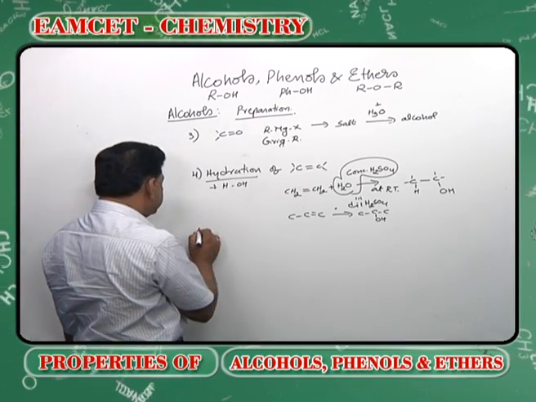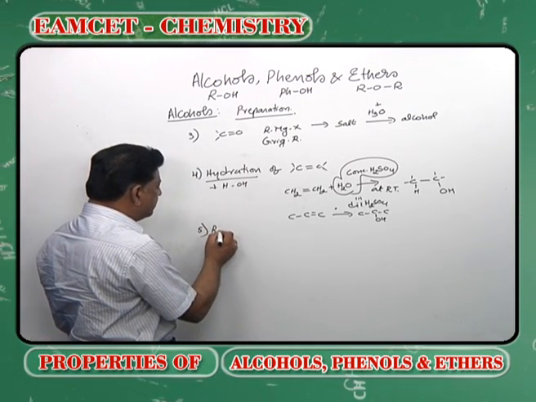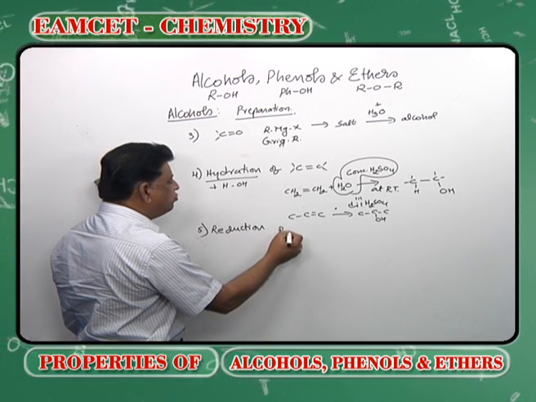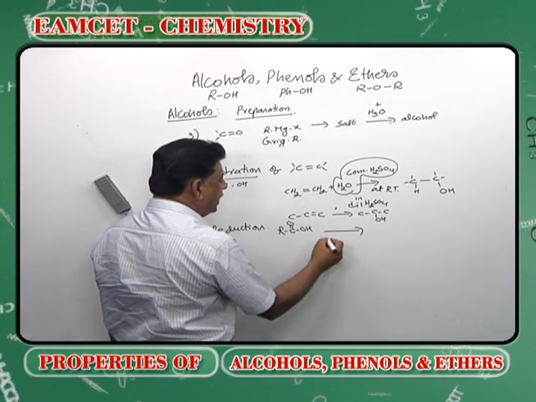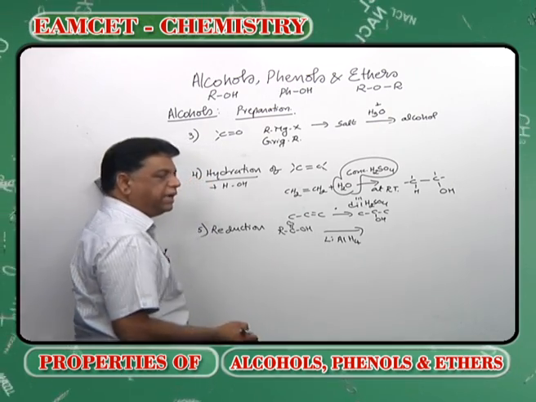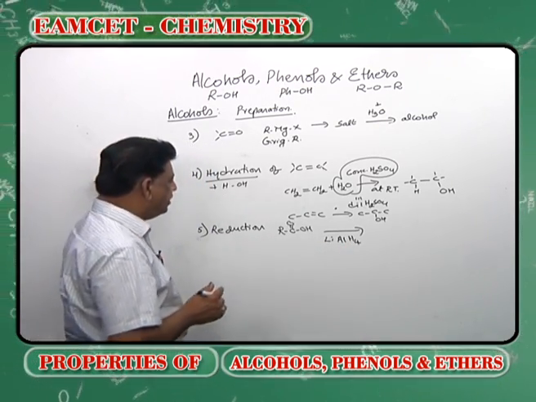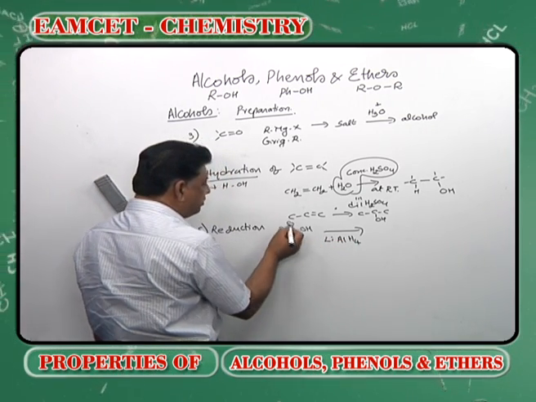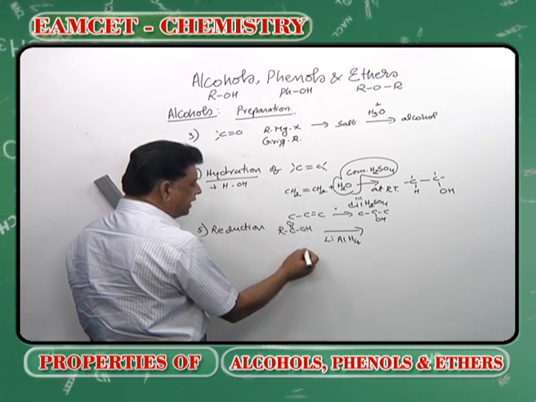And we have other methods, like reduction of acids and acid derivatives. If you take a carboxylic acid, RCOOH, it reacts with lithium aluminum hydride. This is a metal hydride, a combination of lithium hydride and aluminum hydride. When you add it, Li plus and H minus are added, and the OH becomes two OHs, eliminating water.